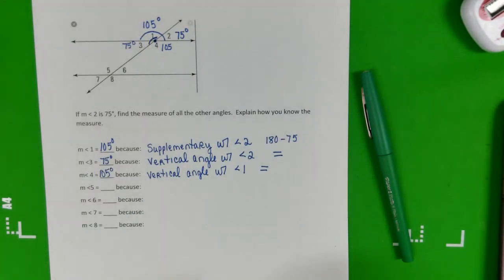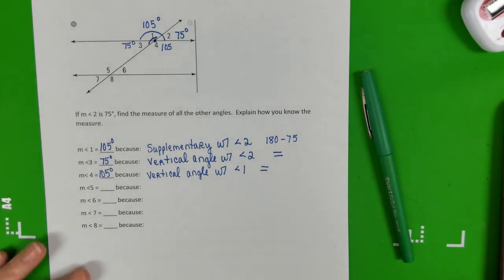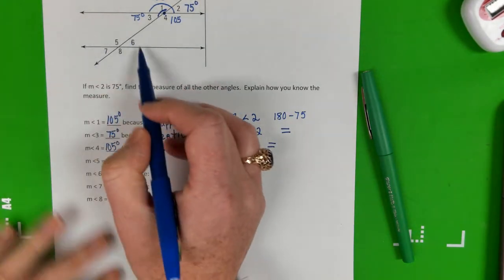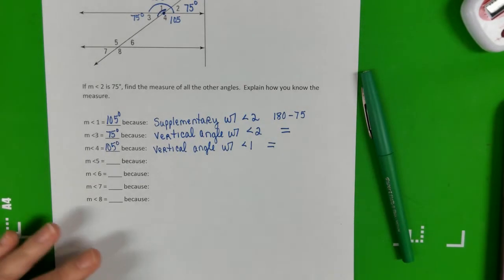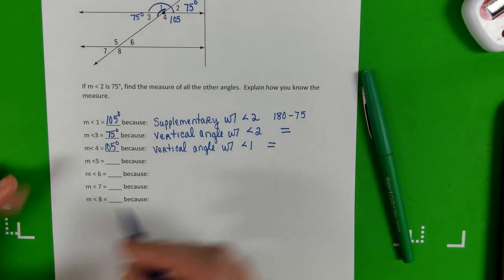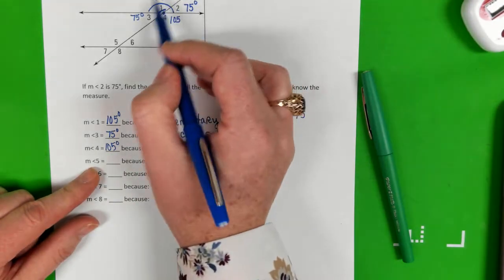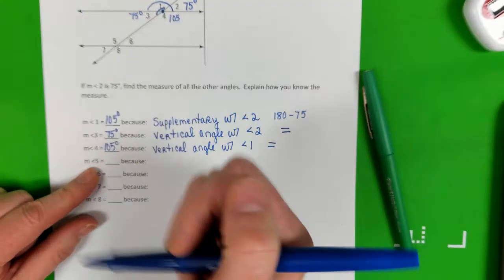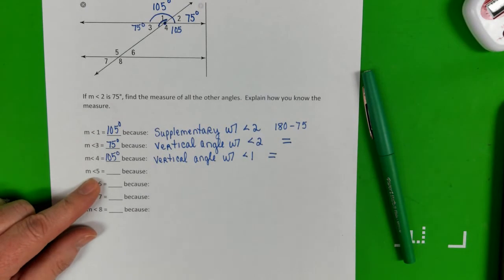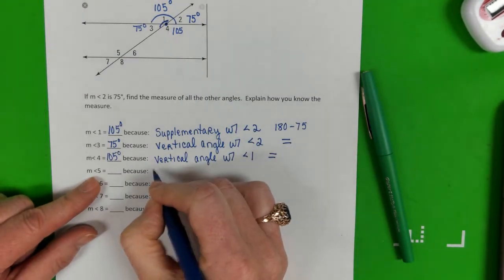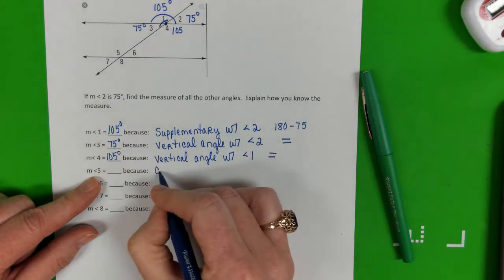Okay, now this is where we have to start thinking, get a little more creative, because now we've got to go down to these angles here on the bottom of the transversal. So let's think about angle 5. How does it relate to some of these angles up here? Well, I want you to see that angle 5 and angle 1 are corresponding.